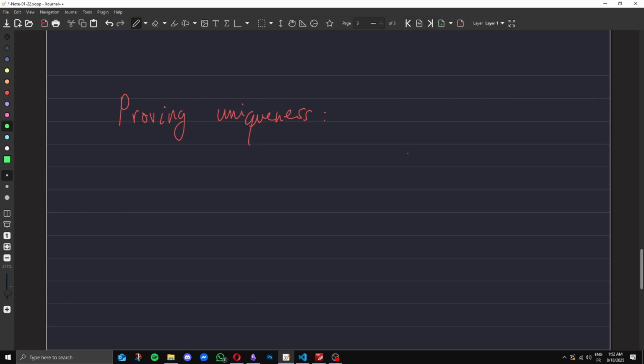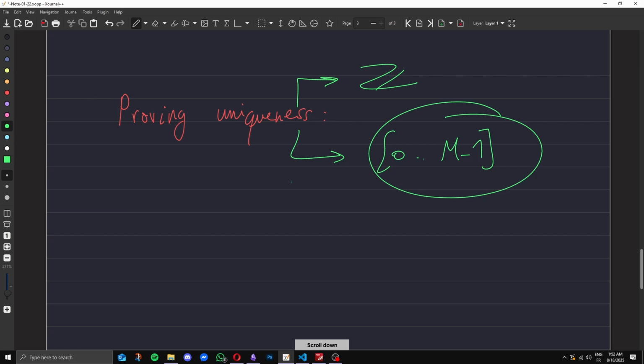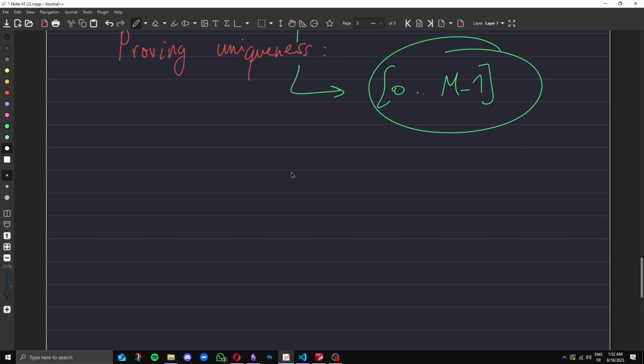Let's now prove the uniqueness of the solution. Again, not in the integer set, but in the range 0 to m minus 1. So modulo m. That's where we're going to prove the uniqueness. All right. So a good place to start from is to suppose we have two solutions that satisfy our system.